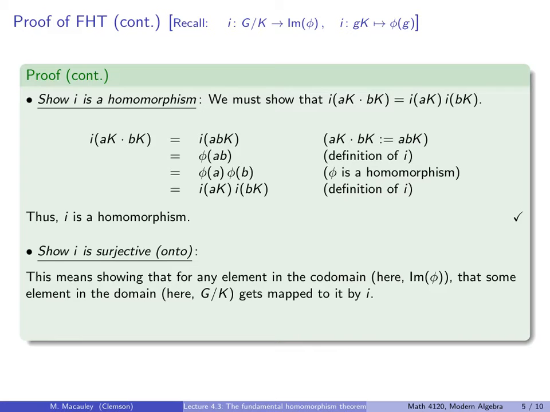Well, it means that for any element in the codomain, in this case the image of phi, there is some element in the domain, which in our case is G mod K, that gets mapped to it by I. So let's pick any element in the codomain. Let's call it phi of A, and let's ask what element in the domain gets mapped to phi of A via this map I?